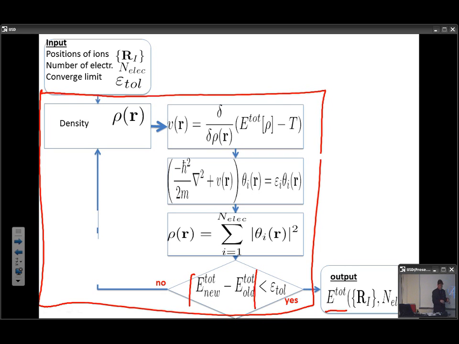But if we look back on what we did 3-4 weeks ago, we were discussing optimization of geometry. We were discussing finding the best interatomic positions, the best set of positions for a given set of ions.